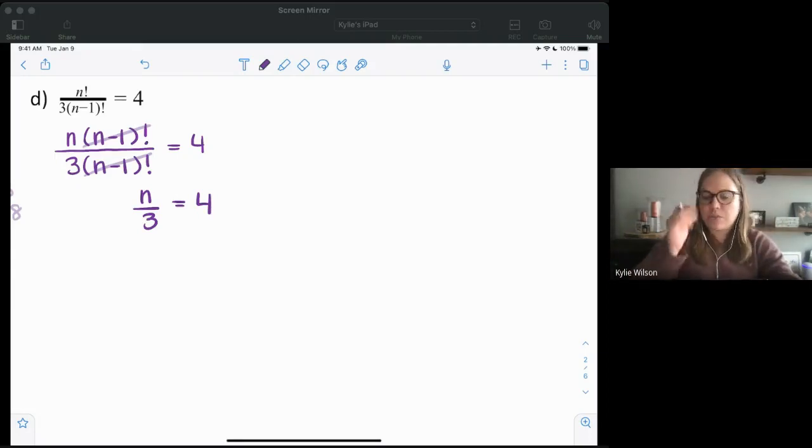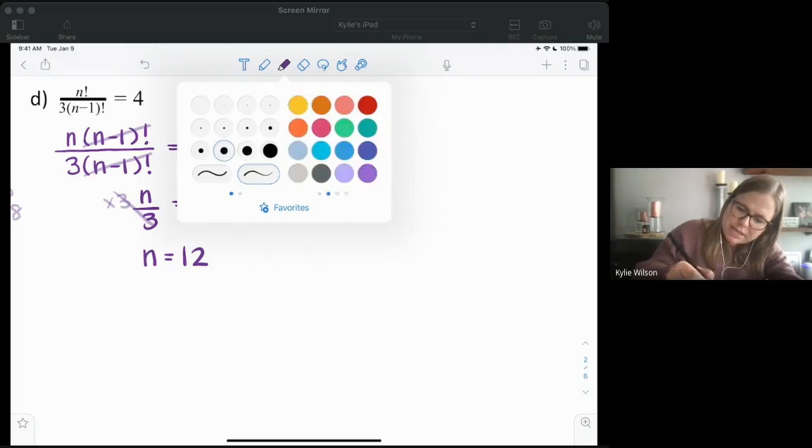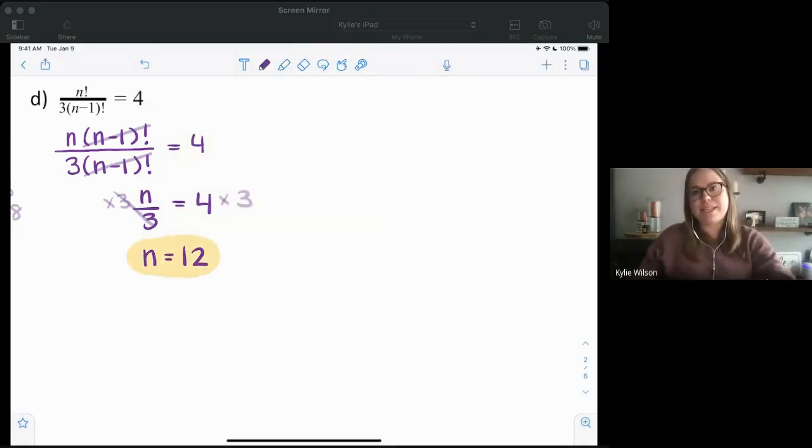Now we just want to isolate n. n is currently being divided by 3 on the left-hand side, so we have to do the opposite operation. I multiply by 3 on that side, and then multiply by 3 on this side. So it will give us n equals 12. And if I subbed that back into the original equation, we would end up getting the same answer.